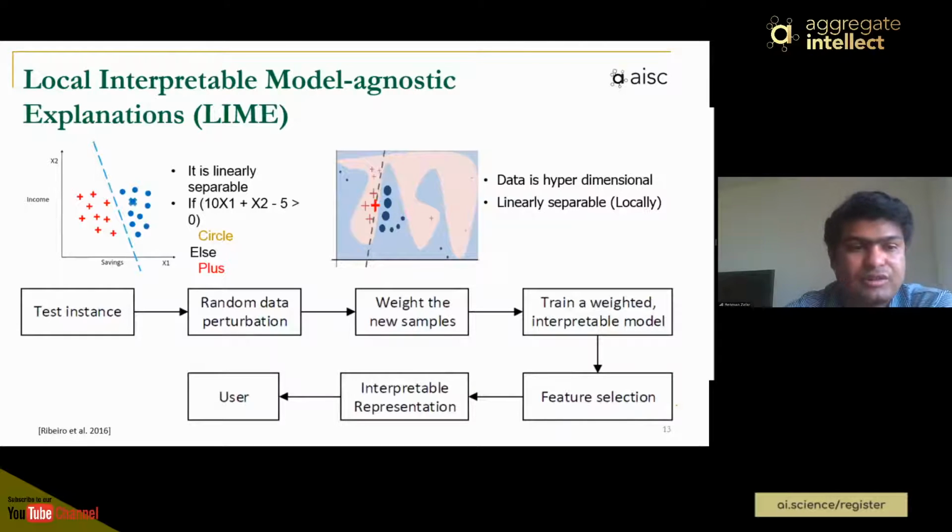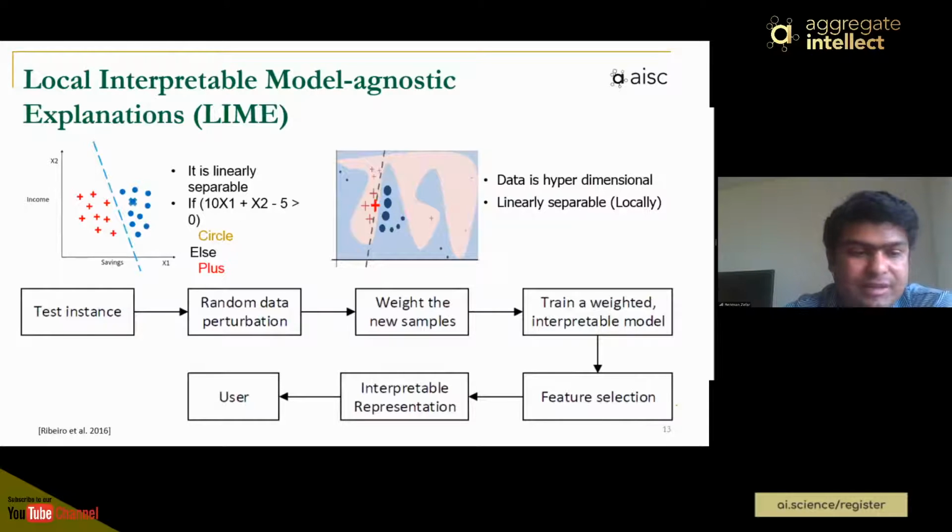On the left side, if we are talking about one cluster and the data is well separated and clusters are easily identifiable, then a single line can work, and we can use linear models to separate them. If data is linearly separable, a linear model will work, but if the data is not linear, it is hyperdimensional, then you have to perform some kind of task in which you can generate explanations and differentiate between different clusters.